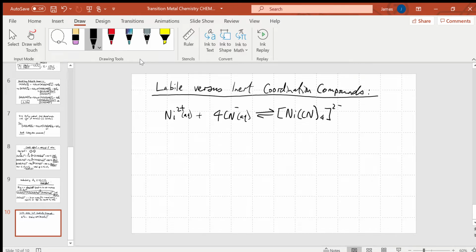So we formed this coordination compound here.